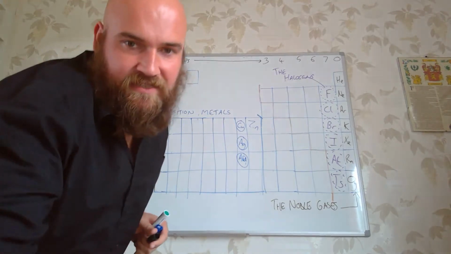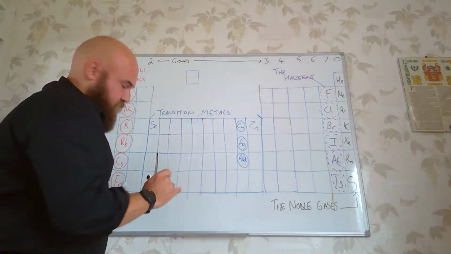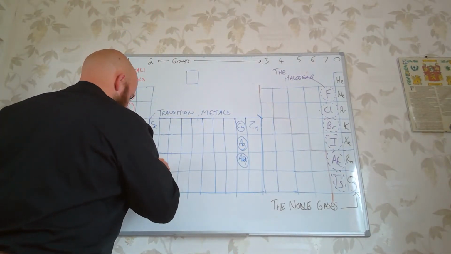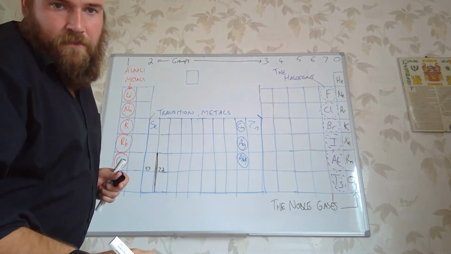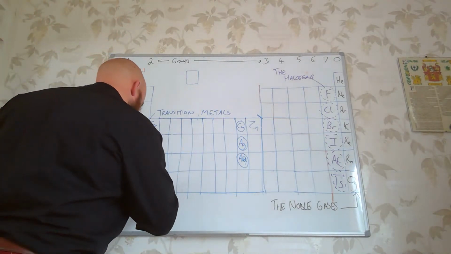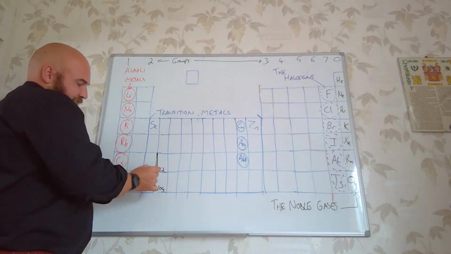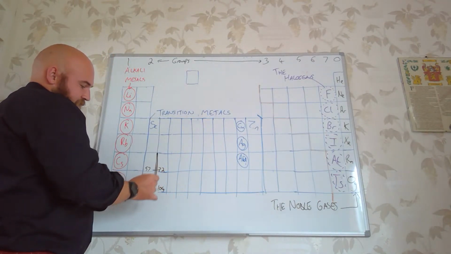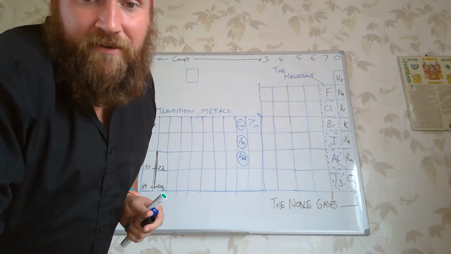You'll notice the way that the elements are actually numbered. It goes from 57 there to 72 there, and then it goes from 89 to 104. Well, it just means there's actually 14 elements in that gap, and there's 14 elements in that gap, which do exist. They're just not on your periodic table.